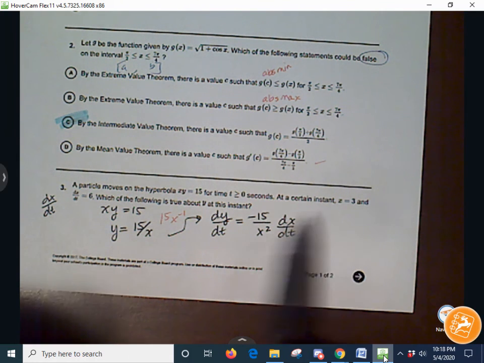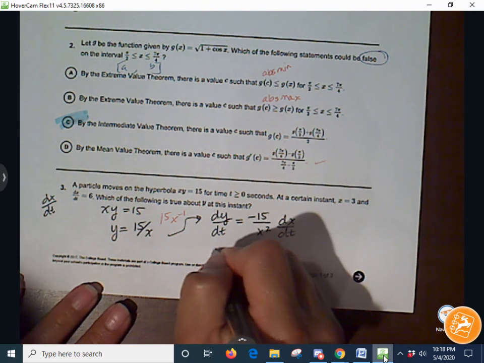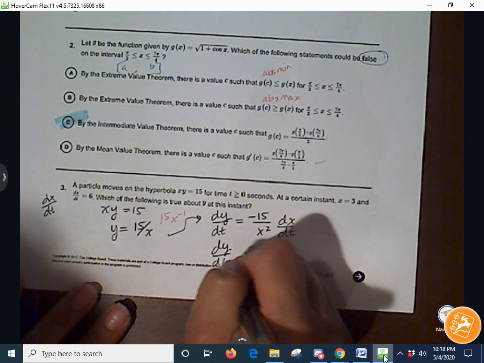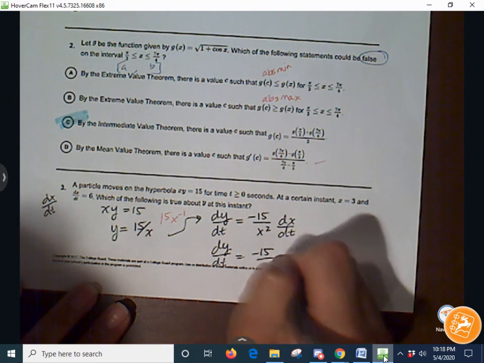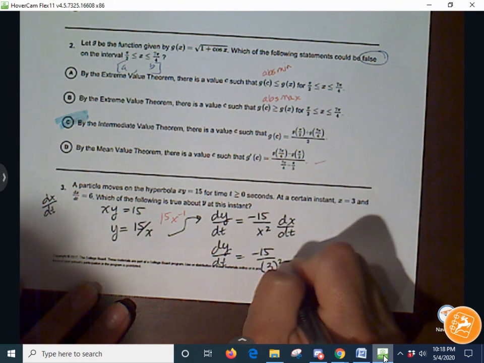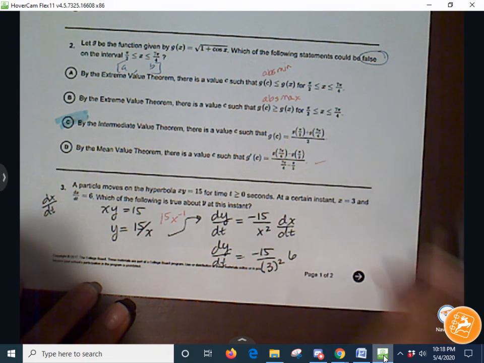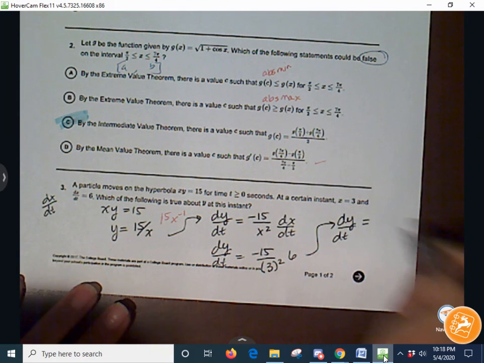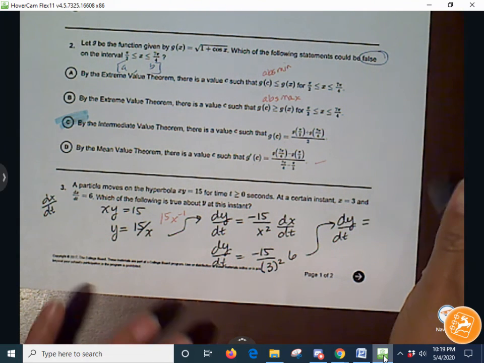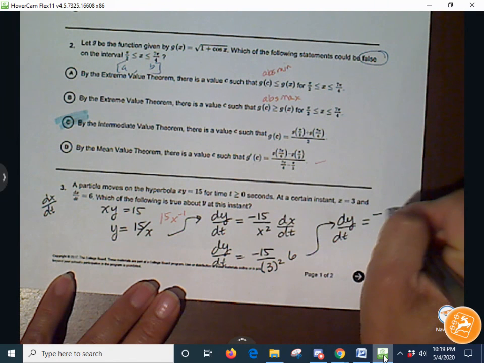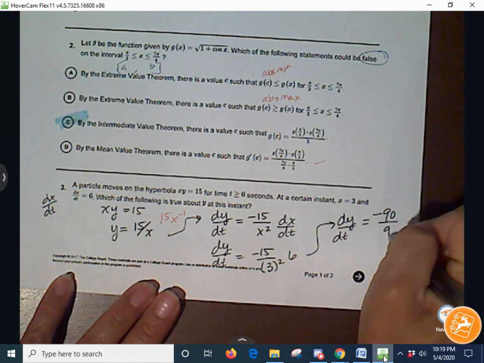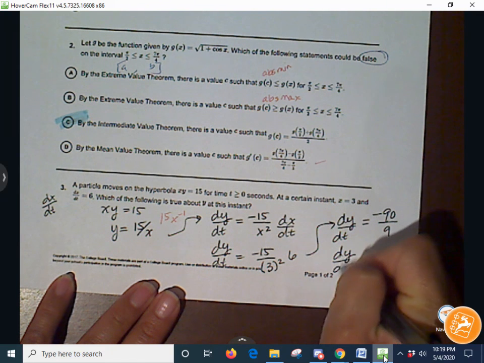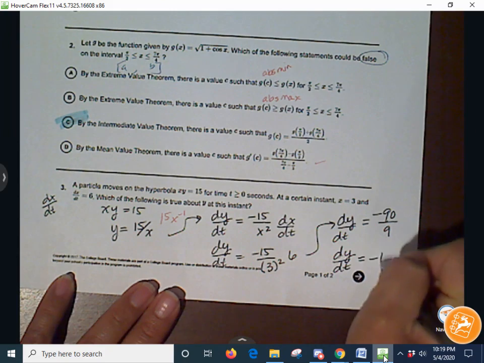Now I'm going to substitute my values in. So dy/dt is equal to negative 15 over 3 squared times 6. That's going to be negative 90 all over 9. So that means dy/dt is equal to negative 10.